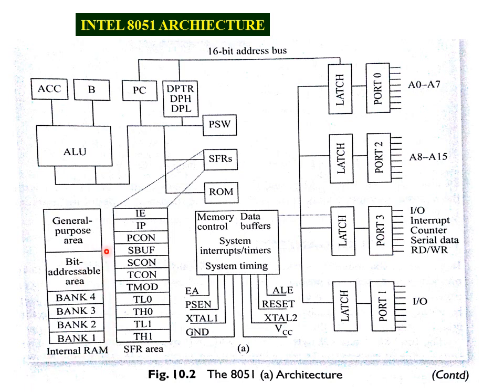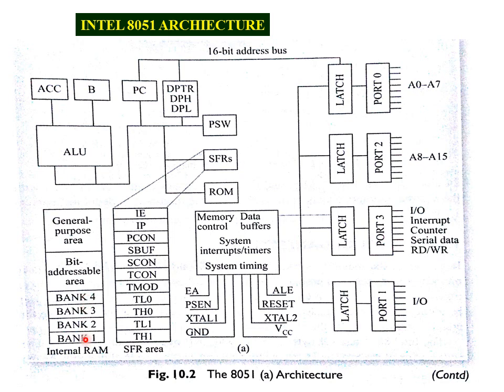Now the total internal RAM structure is given here. This is divided into 3 parts: register bank, bit addressable area, and general purpose area. Using the register banks, the programming is done in the 8051.